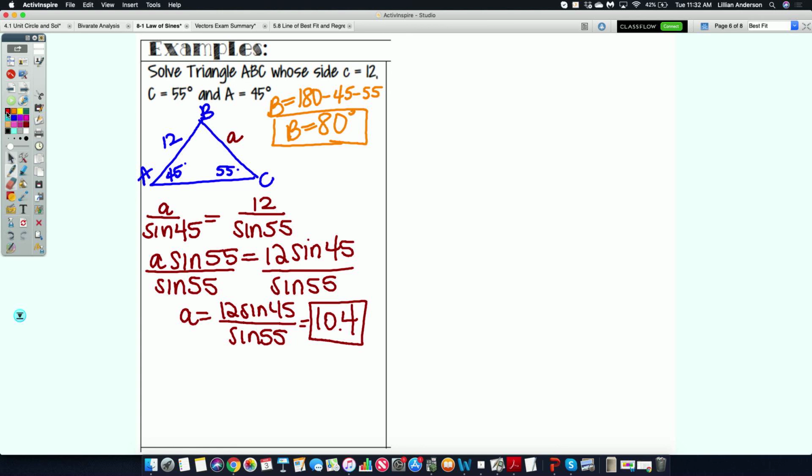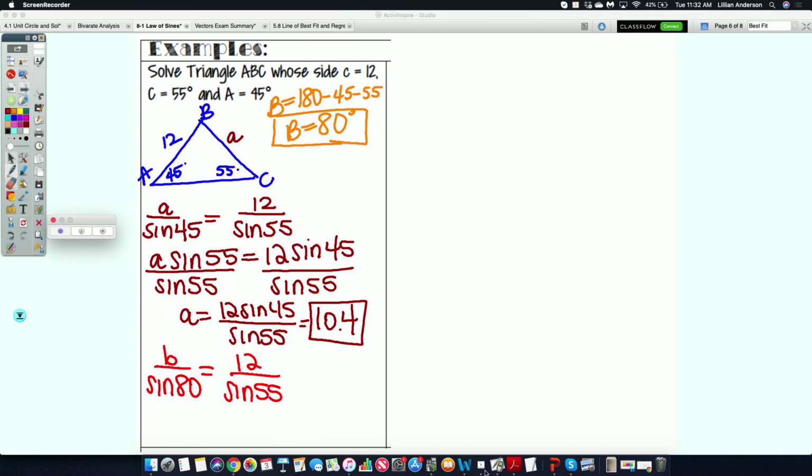Now I have to find side B. My encouragement to you is continue to use C as a part of your solving, okay? Because we were given side C and angle C, so just in case we found side A wrong, we still have a hope of getting side B right, okay? So we're going to set it up. Side B over the sine of angle B, which was 80, and then side C over the sine of angle C. Can you guys go ahead and solve this out for me, please?